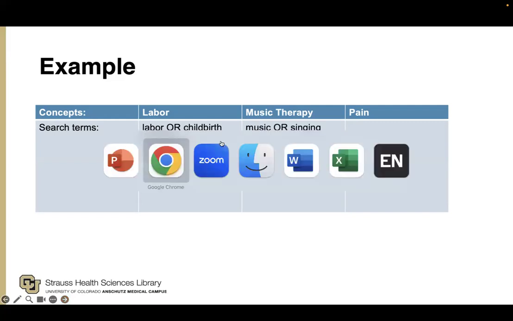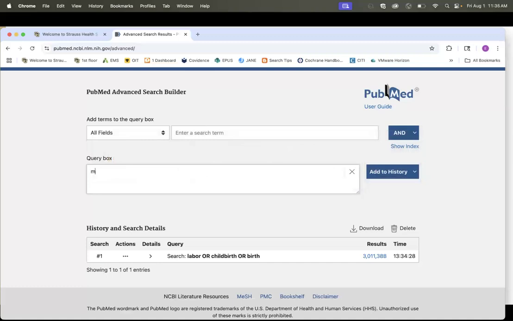Next, we can search our terms for music. I recommend in general breaking things down, at least initially, into something more broad. So instead of doing music therapy, I'm just doing the word music, because that would find music therapy, but it would also find listening to music or enjoying music, right?